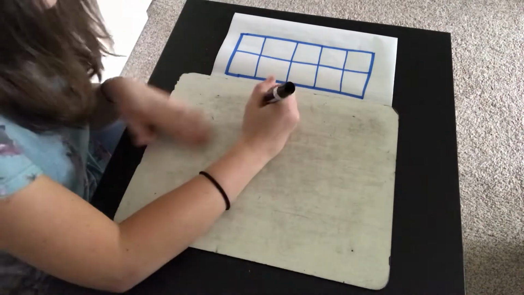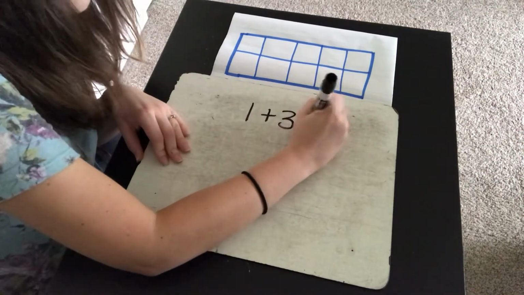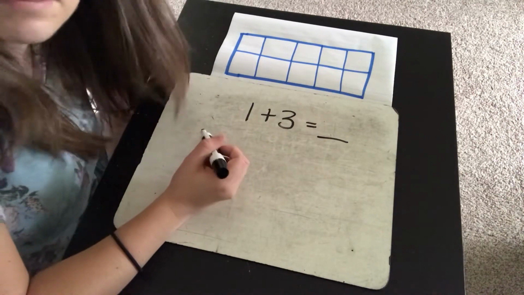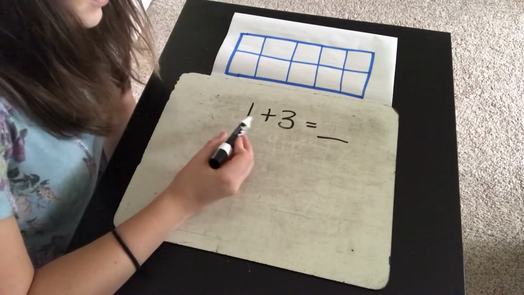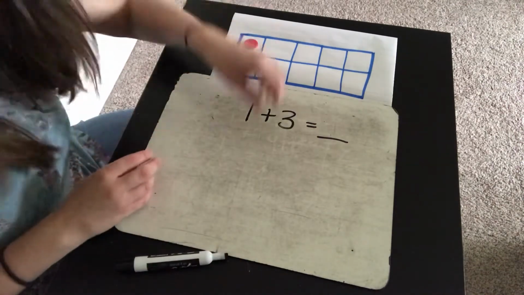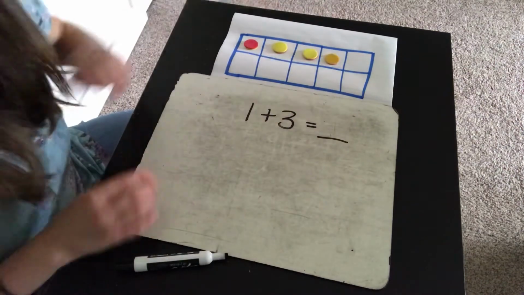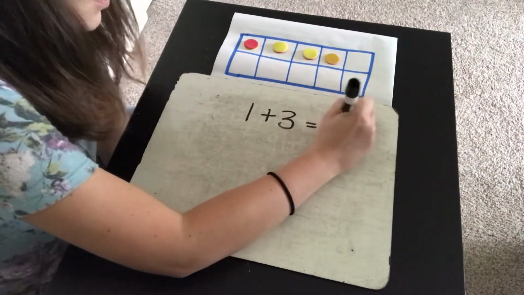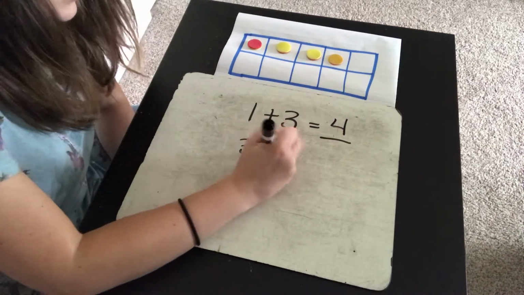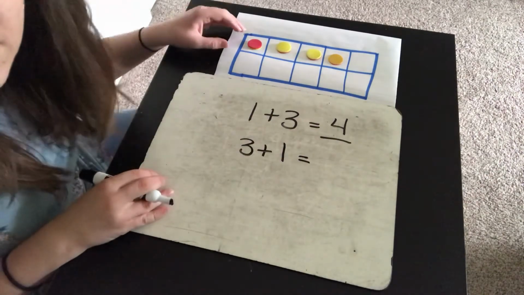So when I have a math fact like this, 1 plus 3 equals what? I can solve it by starting with this first add-in and doing 1 plus 3 and get 4, right? Or I could flip these add-ins and write this problem like this: 3 plus 1 equals, will that still be the same answer?